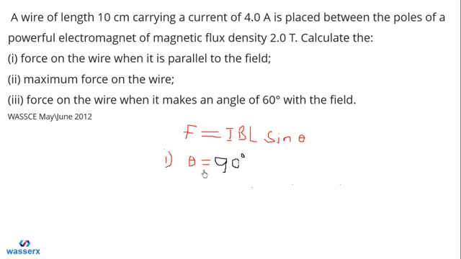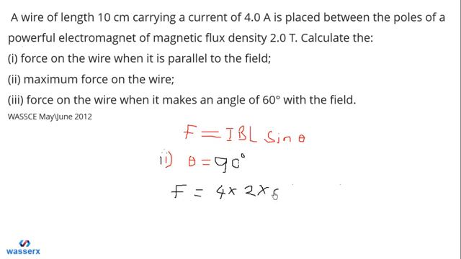So let's substitute theta equal 90 over here to get our force. This is the II part. Our force will now be equal to the current, which is 4, times the magnetic flux density, which is 2.0, or simply 2, times the length, which is 10 centimeters.